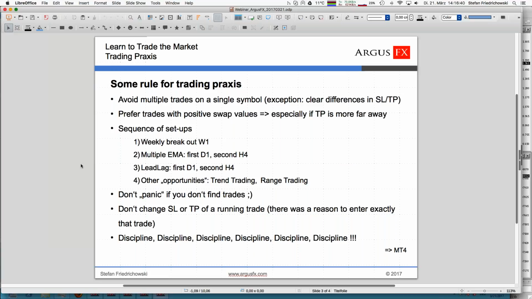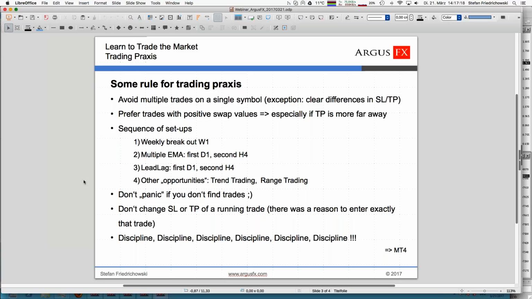And you can already interpret my voice, that I think is not a good idea. If there's no good trading opportunity, okay, let's revisit the MT4 charts next day. No problem. So there are always opportunities, maybe not now, but maybe tomorrow. And then I simply have to wait for that tomorrow. So therefore, don't panic if you don't find a trade opportunity.